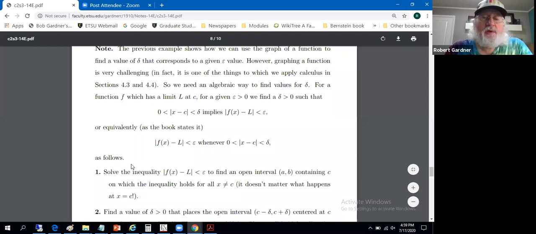as follows. So here's a two-step process. By the way, the book writes it in the opposite order. They state it as a whenever. These mean the same thing. We've been saying I want the delta condition to imply the epsilon condition. They're saying we want the epsilon condition to hold whenever the delta condition holds.